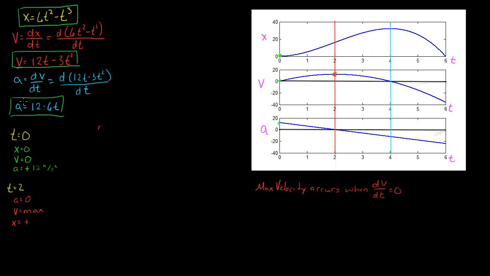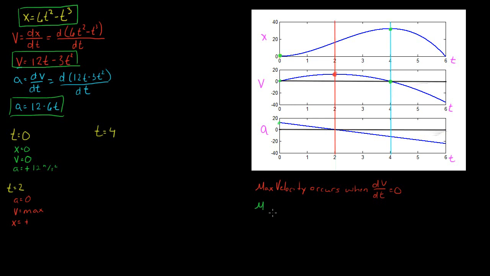And our position becomes a max when our time is equal to 4. And we can see that right here. When time is equal to 4, our velocity crosses 0. So our velocity is the derivative of the position with respect to time.